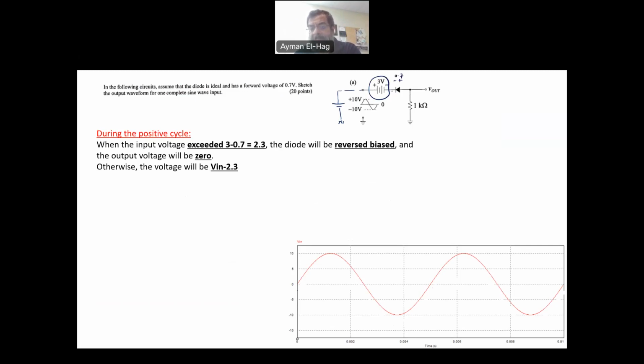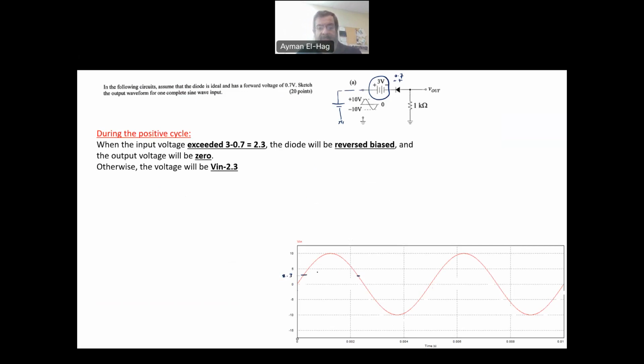This voltage polarity is opposing the 3-volt battery, so the total is 2.3. When my voltage here exceeds 2.3, it will stop the battery from forward biasing the diode, and the diode will be reverse biased. So the 2.3 volt here is very, very important.